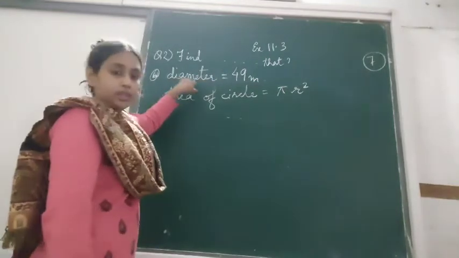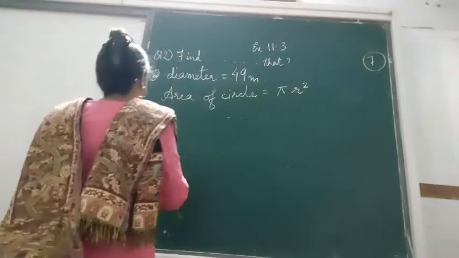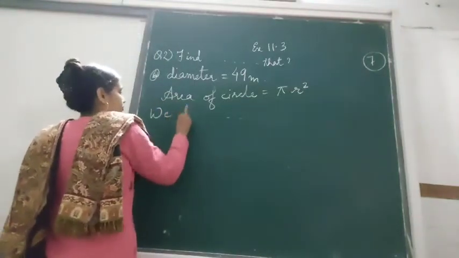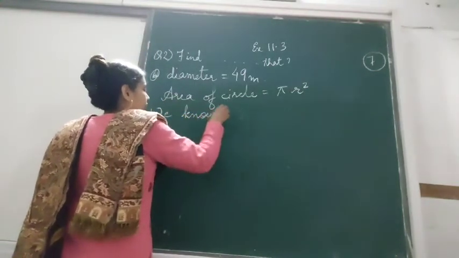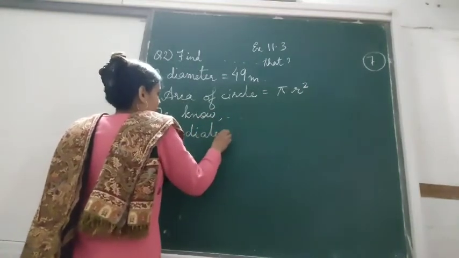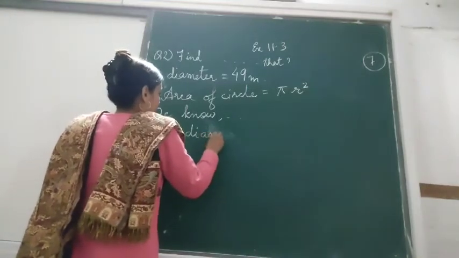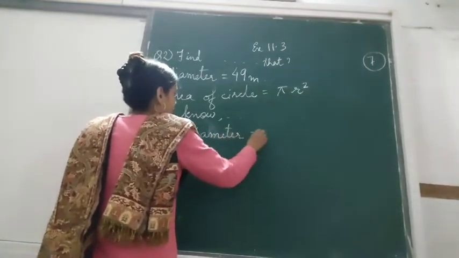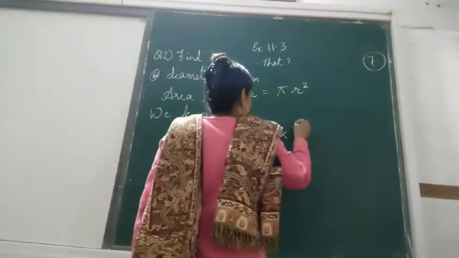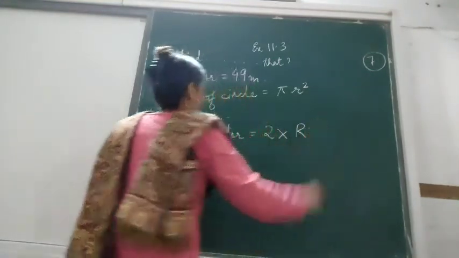How? Because we know that there is a relationship between radius and diameter. What is it? Diameter is equal to 2 times radius.